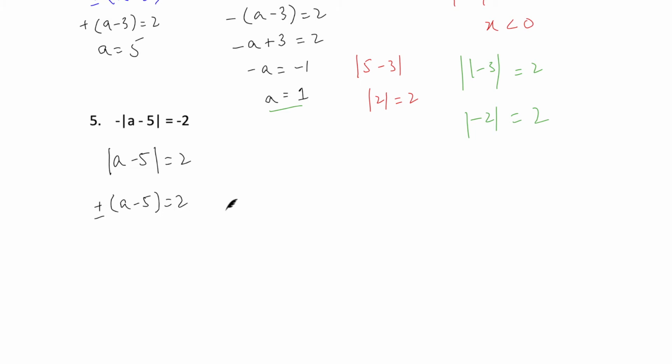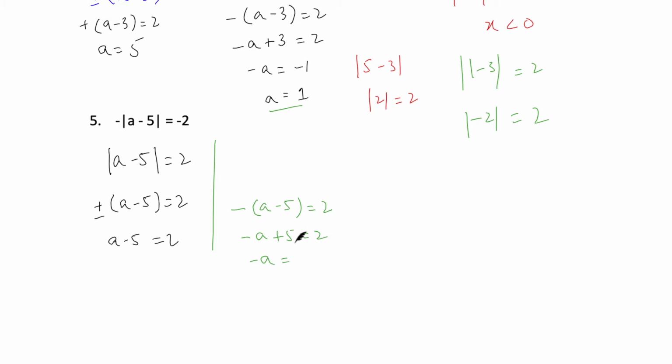You can put positive negative on the right side as well. It's completely fine. So the first equation becomes a minus 5 equals 2. This is with the positive sign. And the second equation is with the negative sign, which is minus (a minus 5) equals 2. That's it. So let's solve this first. We have minus a plus 5 equals 2.